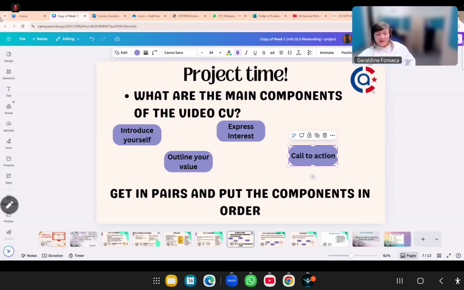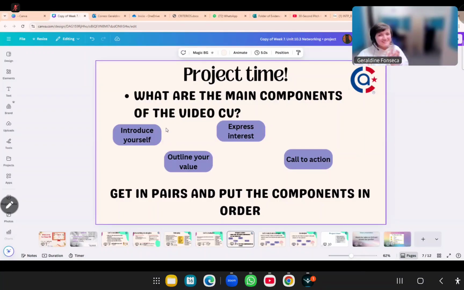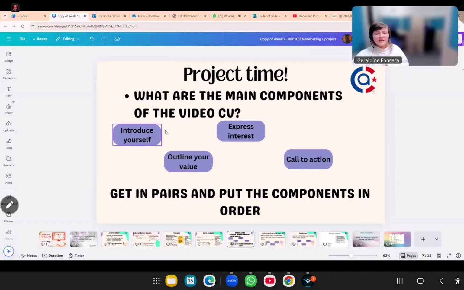So, guys, in this part, the idea is to start organizing this draft. Yes, like just outline the ideas that we want to develop in our drafts. Okay, so what's the well, in our drafts? No, in our videos. So what's the idea in this activity? Yes, the idea is that, this is going to be the week 7 task, that you start organizing what you are going to say in each of these parts.